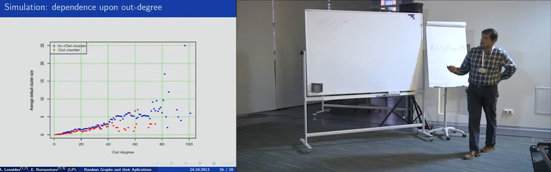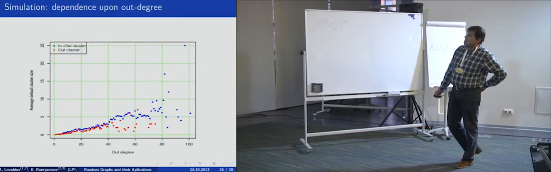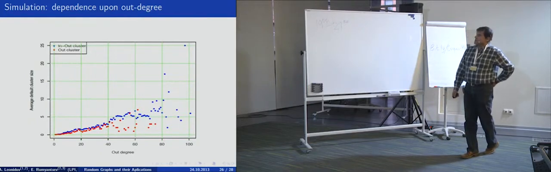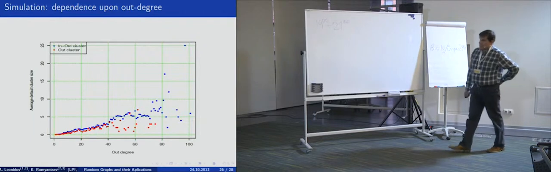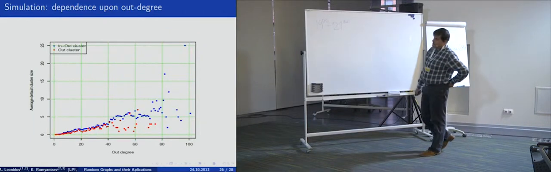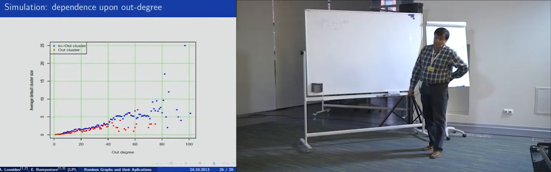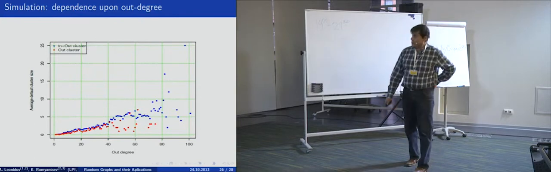And now we're coming to the results. First, the result really strongly depends on the out degree of the initial node. This is fact number one.